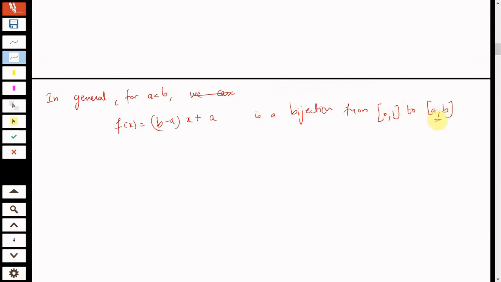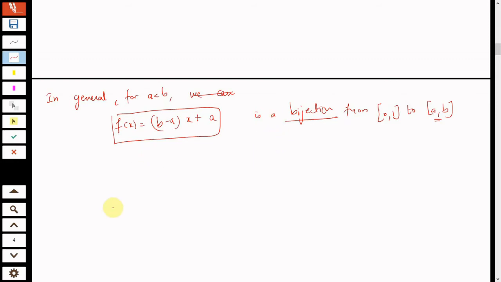So you first stretch the rubber string by the length b minus a, so that is b minus a into x, and then translate it by a. So therefore this is the mapping that we have from 0, 1 to a, b, which is a bijection, and it's a linear map, so in fact it is very easy to show that it is 1, 1 and onto. Oh, that's fine. So this is one thing that we have.